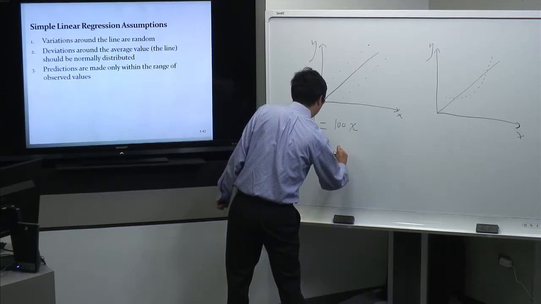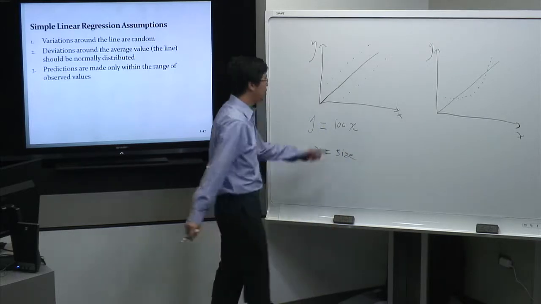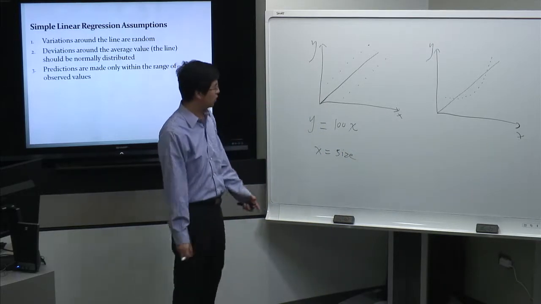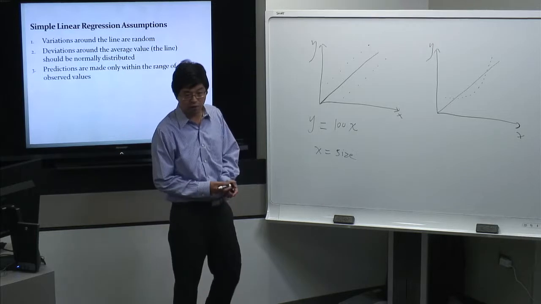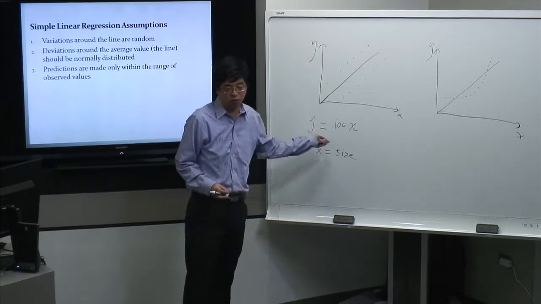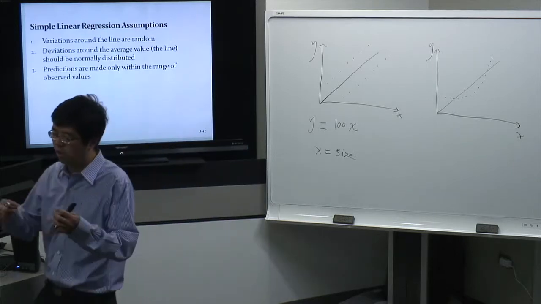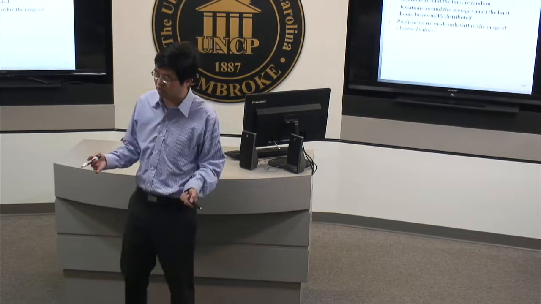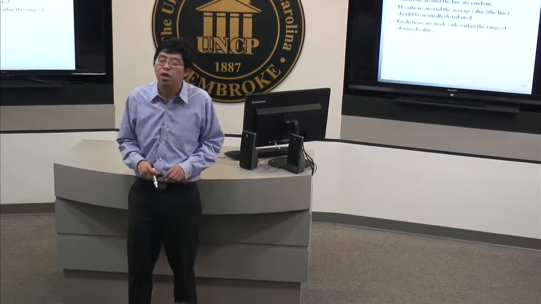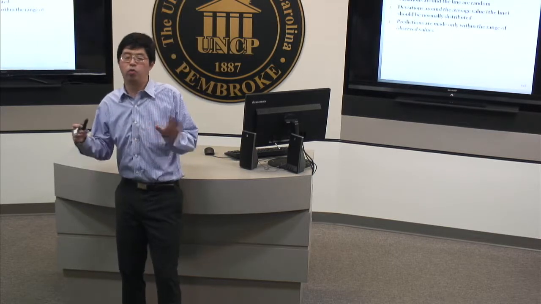So if you have 1,000 square feet, that means $100,000. If you have 2,000 square feet, that's $200,000. Similarly, for 3,000 square feet the estimated price is $300,000. So that's a very simple regression line.